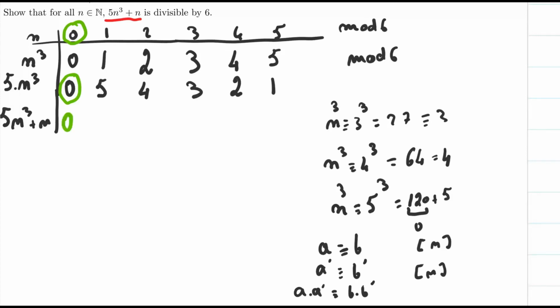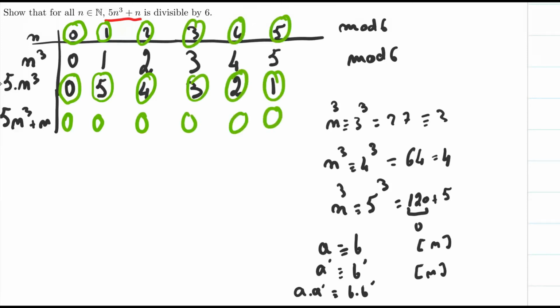If n is congruent to 1 modulo 6, then 5n cubed is congruent to 5 modulo 6, and the sum is congruent to 1 plus 5, which is 6 modulo 6, which is 0 modulo 6. If n is congruent to 2, 5n cubed is congruent to 4, the sum is congruent to 6, which is 0, and this is the case for all of them. So in any case, 5n cubed plus n is congruent to 0 modulo 6. So 5n cubed plus n is always divisible by 6.